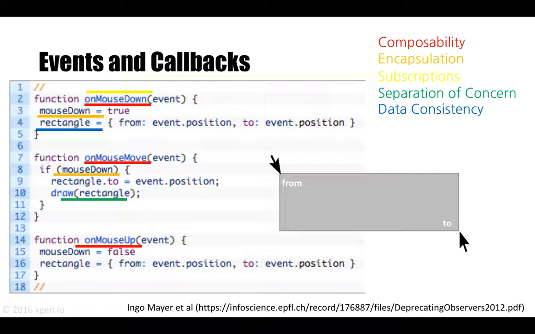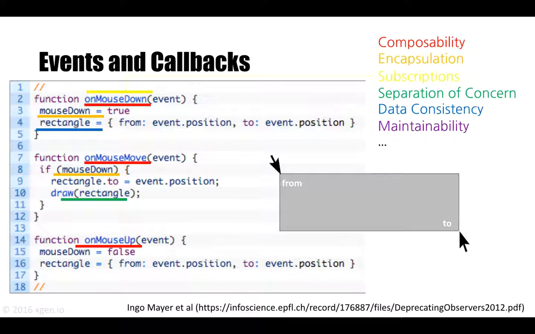Of course, I know that JavaScript is single-threaded, but based on how you write your code, you might be waiting on some IOs, and at that point the thread context changes, and you start processing multiple events concurrently, and that can lead to subtle data consistency bugs. So overall, that code is hard to debug, hard to maintain, hard to reason about, and people have been looking for an alternative.